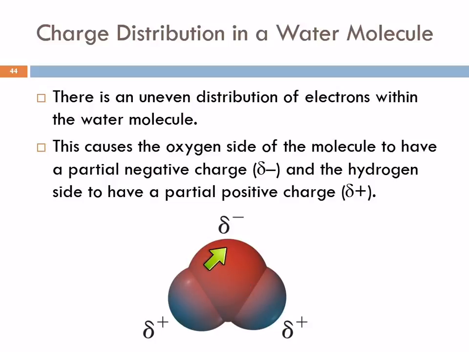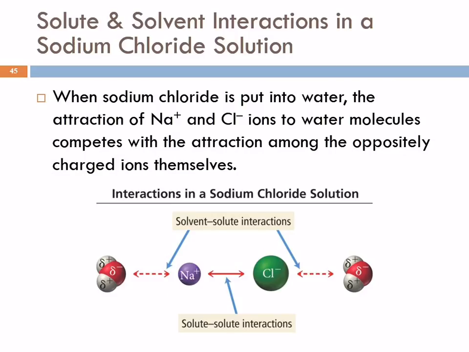And the result is that the oxygen end of water has a slightly negative charge. And the hydrogen end of a water molecule has a slightly positive charge. It's not an ion, but it's got a slightly positive charge on one side and a slightly negative charge on the other side. This is important for dissolving ionic compounds.